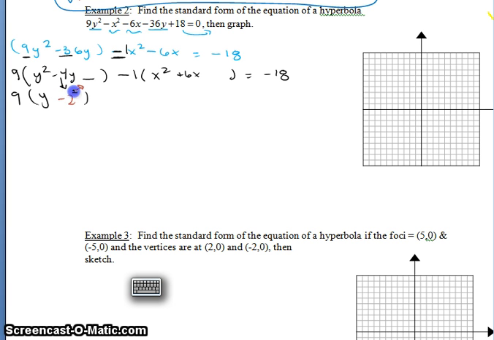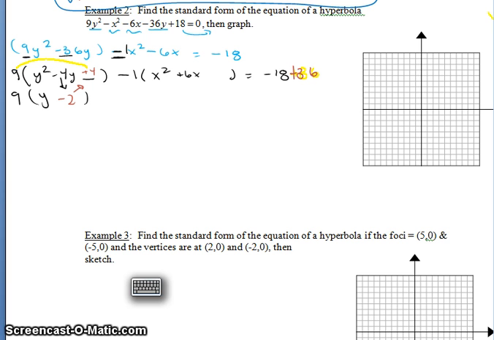Then you square minus 2 and you add 4. And remember, you're really adding 9 times 4, which is 36. So I really added 36 to that side, so I have to add 36 to this side as well.